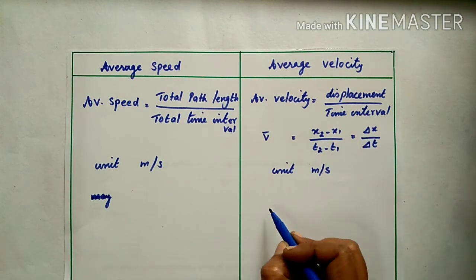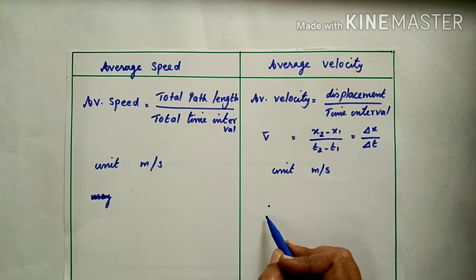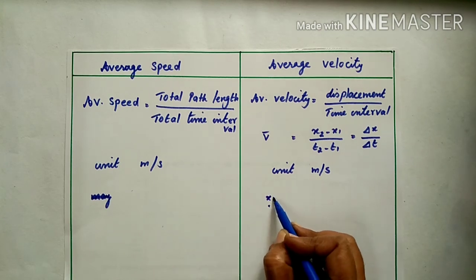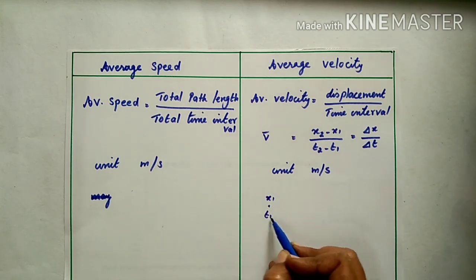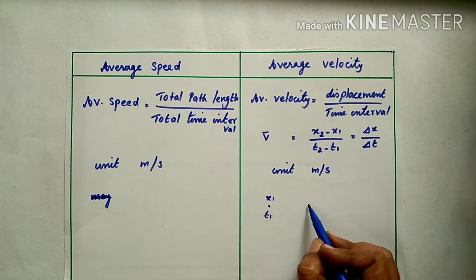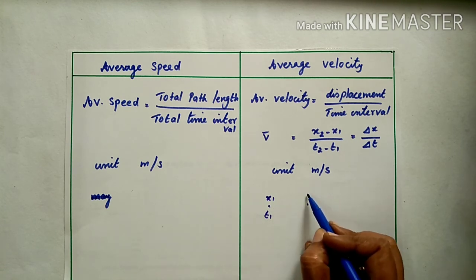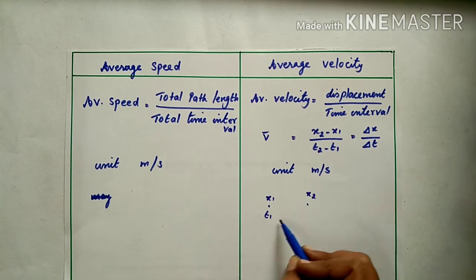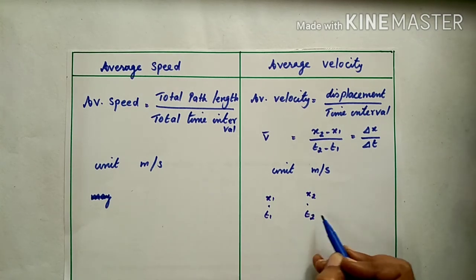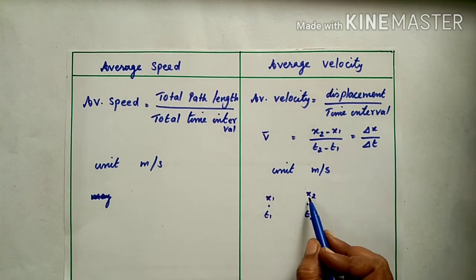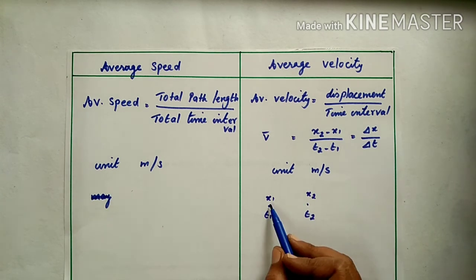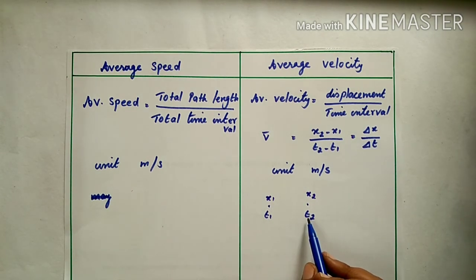For example, when an object is at position x1 at a time t1, then after moving through a distance it reaches the point x2, and the time becomes t2. So what is the change in position? x2 minus x1. What is the change in time interval?